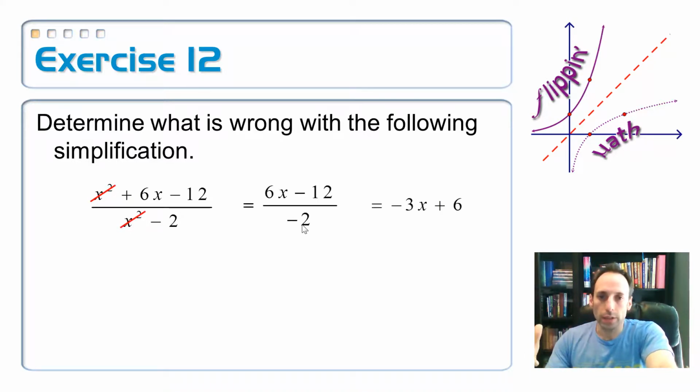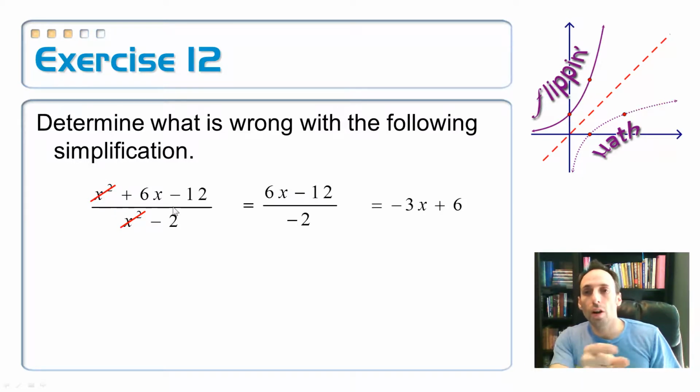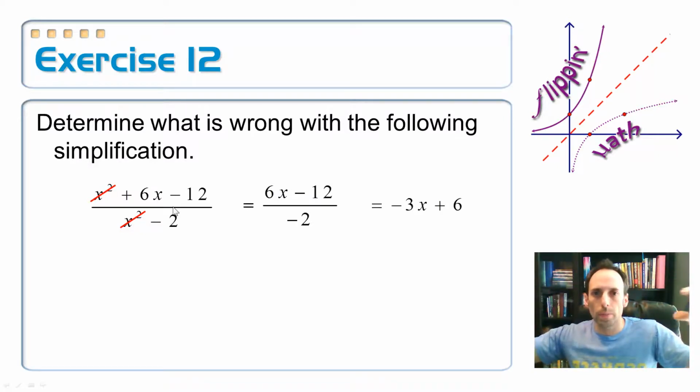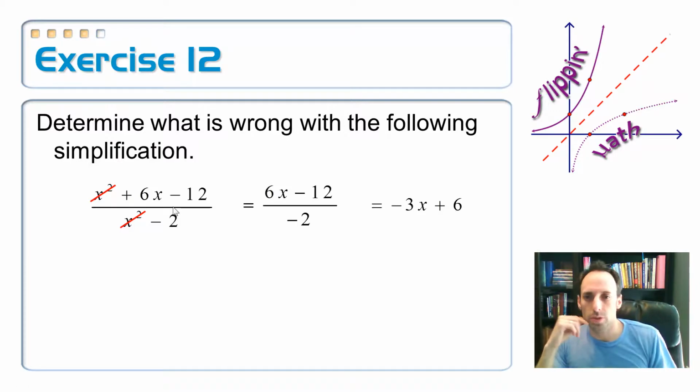Can you just cancel out these x squared terms? Answer is no, you can't, because they're part of an entire expression. You can't cancel out individual terms in those expressions. If you're ever left in doubt, you could just plug in a number in the top and the bottom in this one and in the last one and see if they're the same.